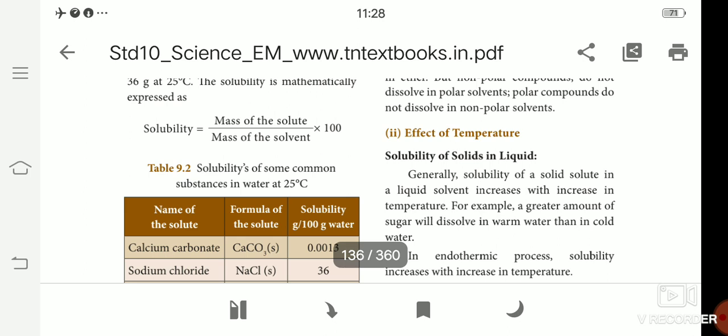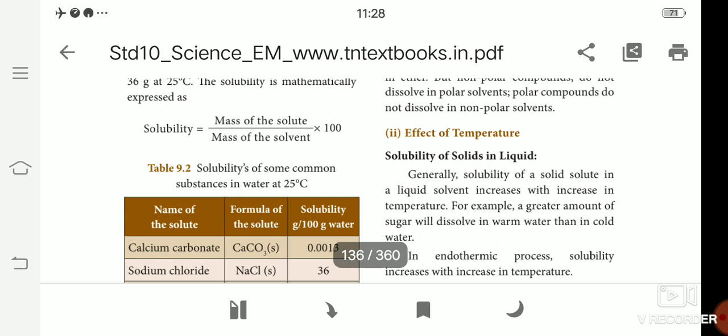One is the solubility of solids in liquid, which can be an endothermic or an exothermic process. The second case is the solubility of gases in liquid, for example water evaporating. Then the next is the effect of pressure: when the pressure decreases, the gas solubility decreases, and when pressure is applied, it increases.